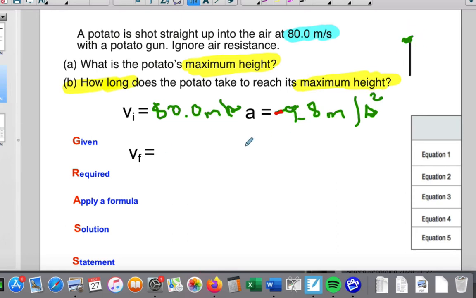Now, as I said before, the final velocity is going to be 0 meters per second, because it's going to stop rising and then start to fall and accelerate downwards. So what we require here in this question is the displacement. So that's the delta D.